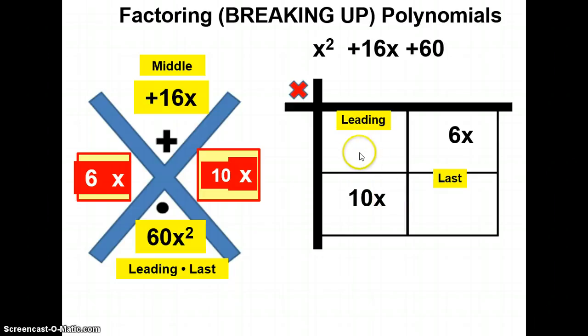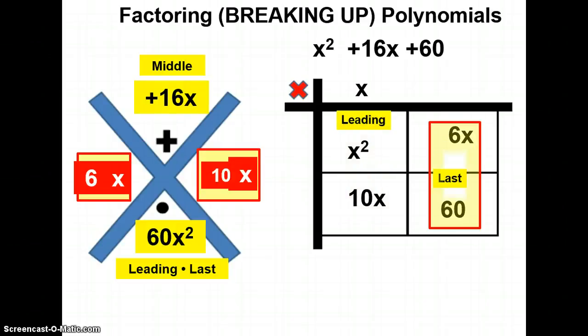We'll put our leading term here, our last term there. And remember, in about 2 videos ago we were going over factoring out the GCF. We're going to be doing that today. So for these two terms, what do you notice they have in common? They have an x in common. Great. What about these two terms? What are they both a multiple of?